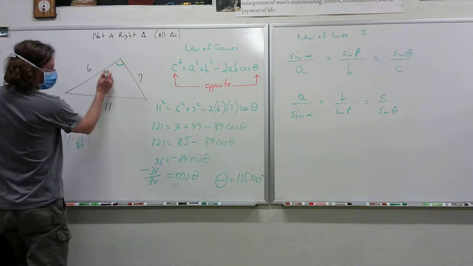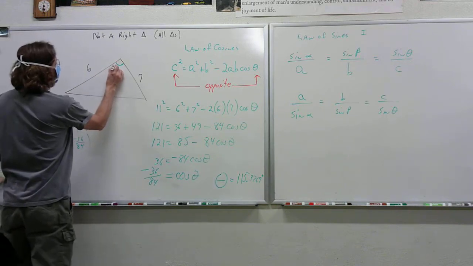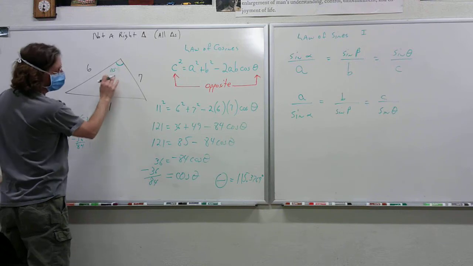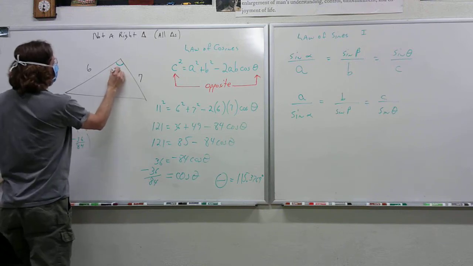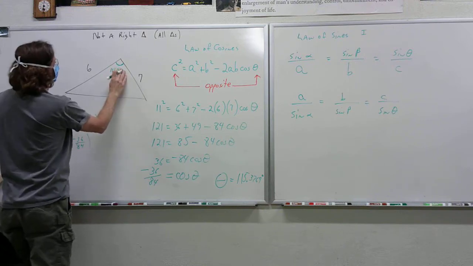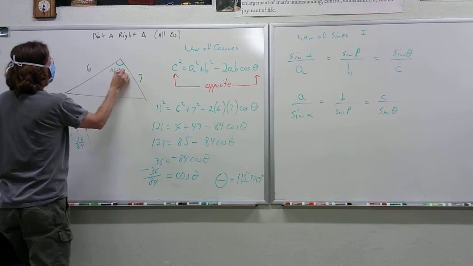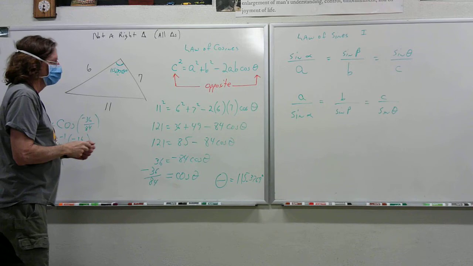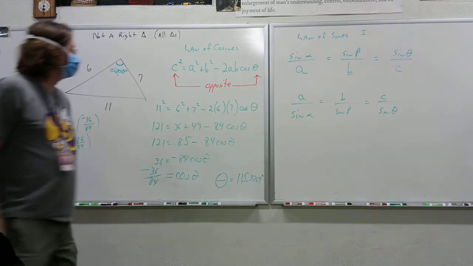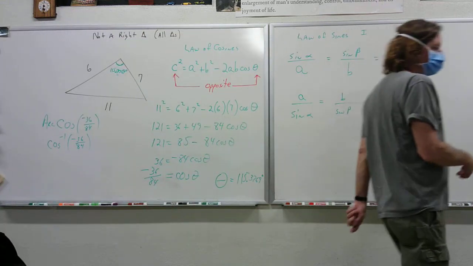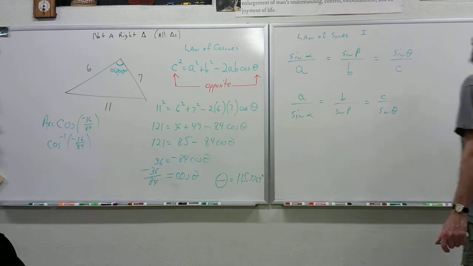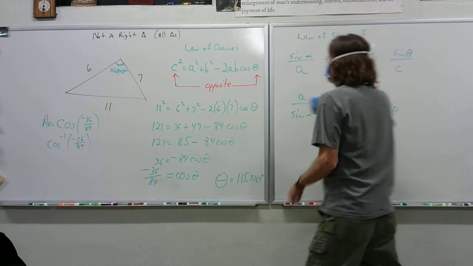We're worried about that. Okay, I'm about to write 115.3769 degrees. All right, here we go. We're going to find the side opposite 6 now. I'm not going to erase those laws.